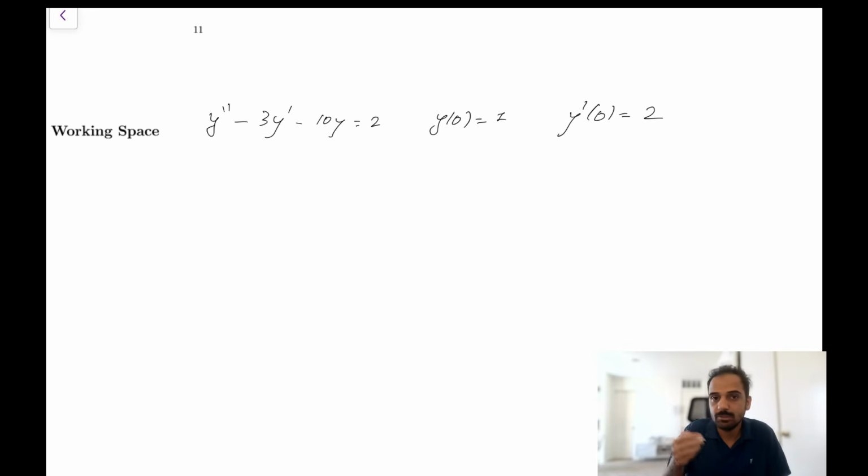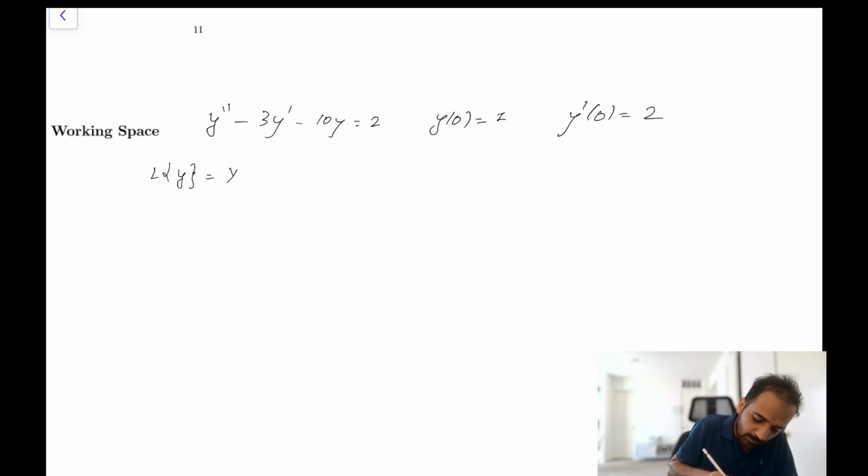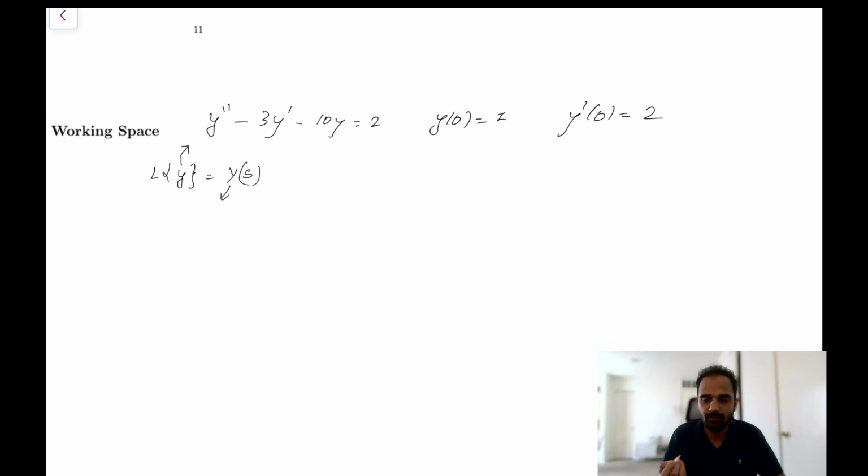If you remember your Laplace transform again, if the Laplace transform of y is Y of s, the small letter y denotes the time domain and the capital letter Y always denotes the s domain. In Laplace transform, this is the standard form. We write the capital letter for the s domain and the small letter function for the time domain.